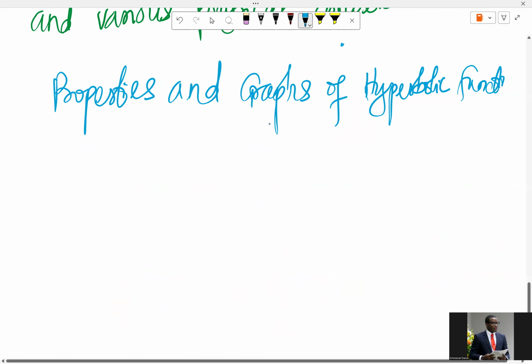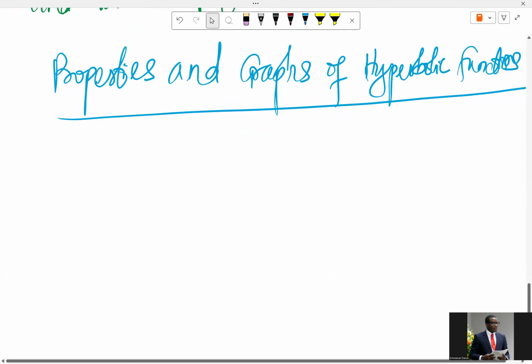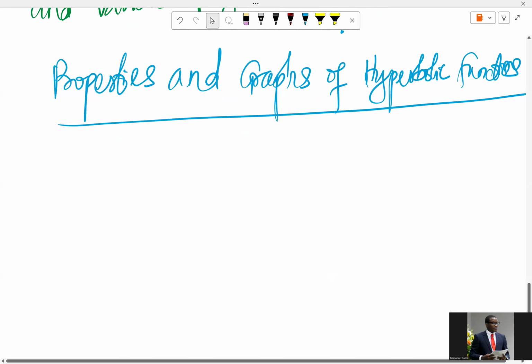The first thing we'll be looking at, of course, is some notations and key properties. So let's start with the standard notation.